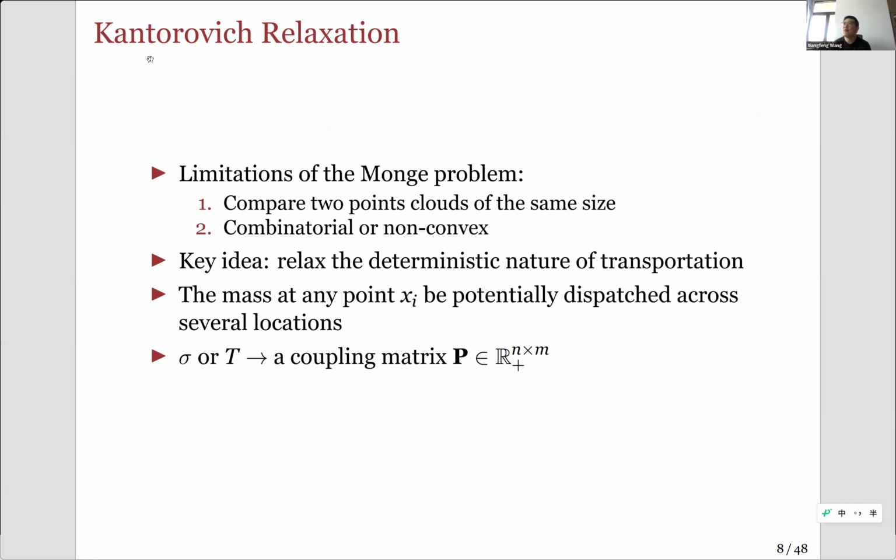Instead of a strict one-to-one or many-to-one map T, he allowed mass from a single source point x_i to be split and sent to multiple targets y_j. This is represented by a coupling matrix or transport plan P, where P_ij is the amount of mass moved from x_i to y_j.